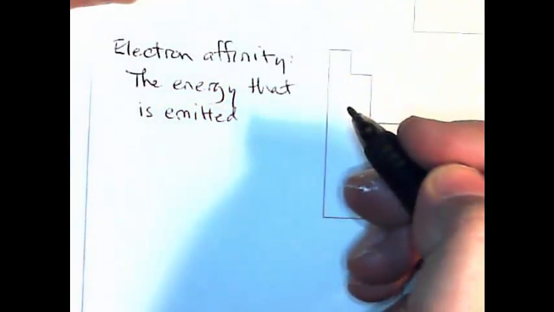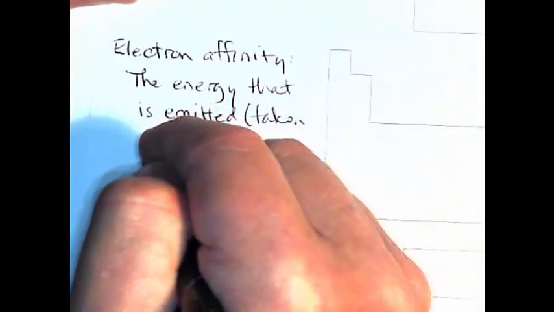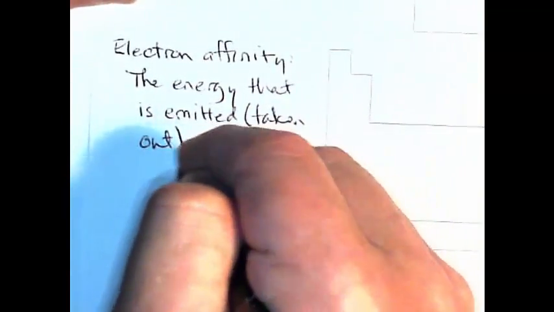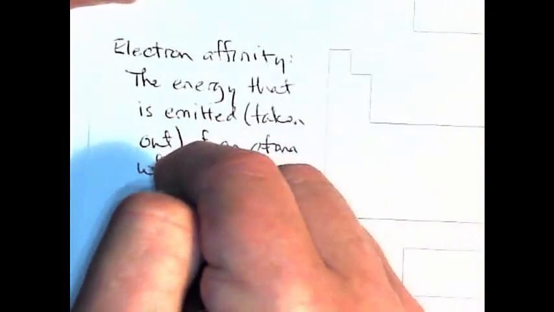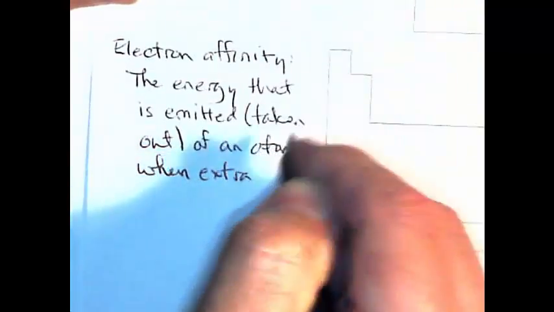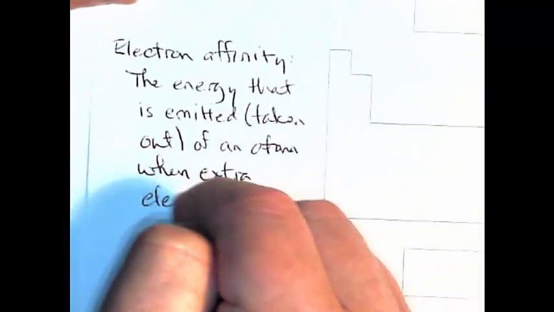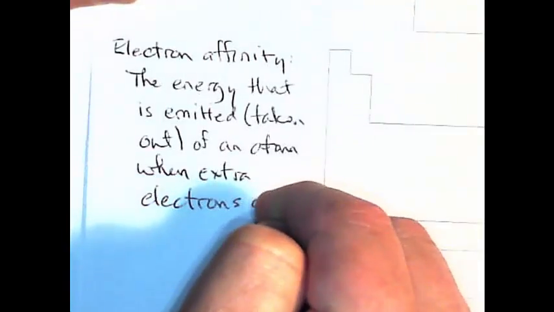So this is the energy that is emitted, or let's say taken out, of an atom when extra electrons are added.